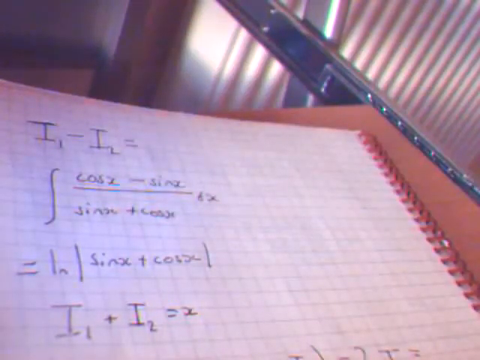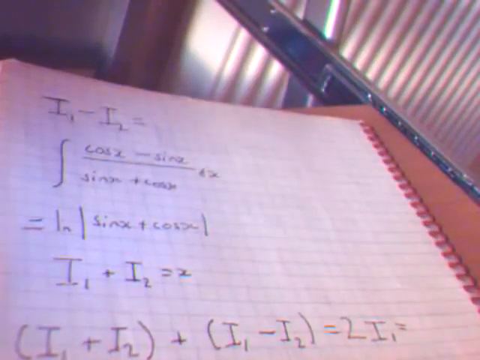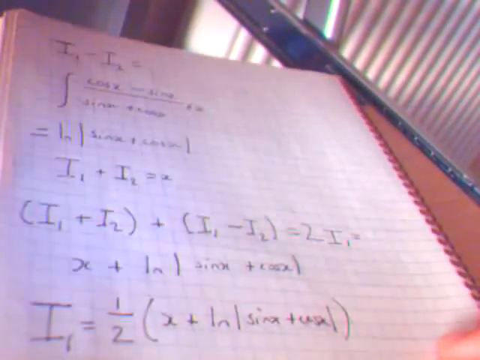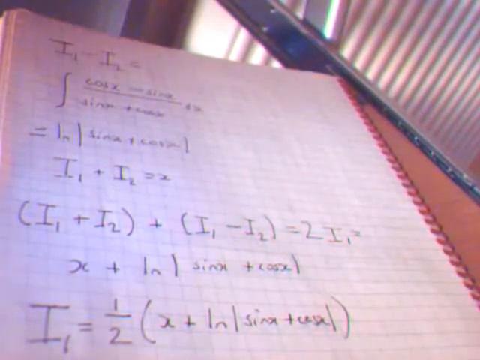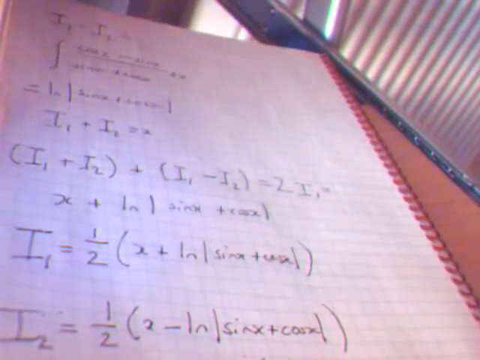If we add them together, they give 2I1, and they also equal x plus ln sin x plus cos x. We've got rid of the I2, so if we divide by two, we get I1 equal to half of x plus ln sin x plus cos x. So we've evaluated the integral. Similarly, I2 equals half of x minus ln sin x plus cos x.